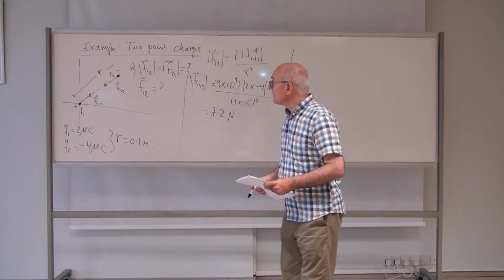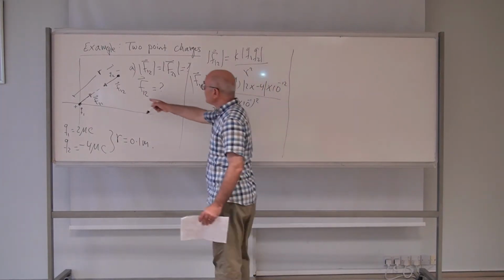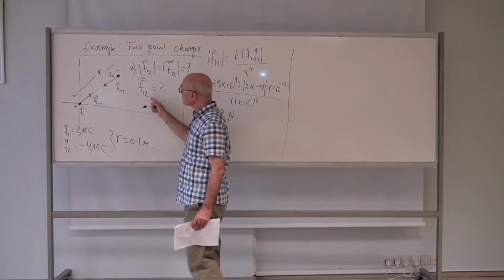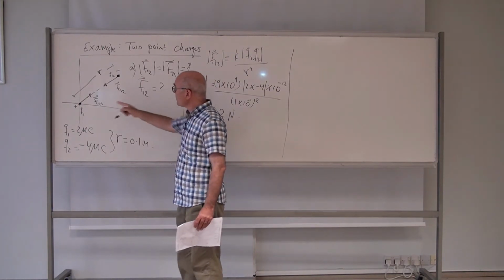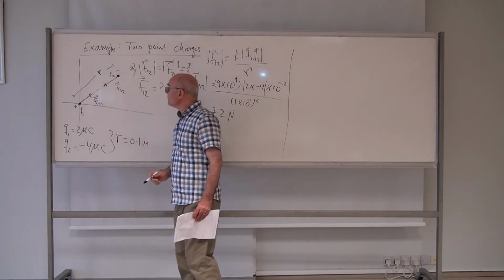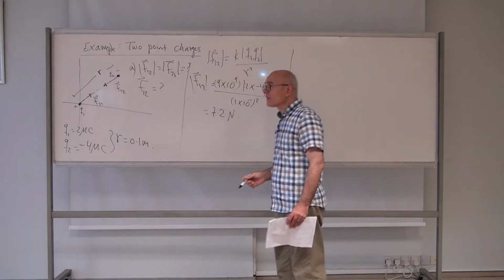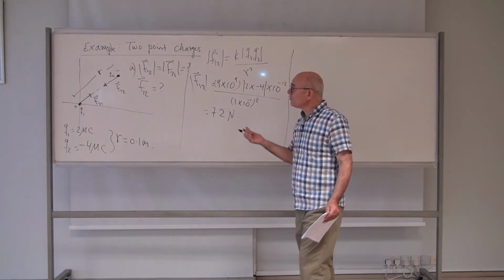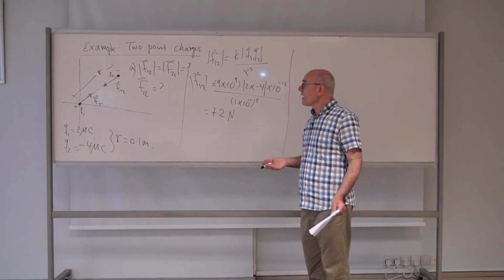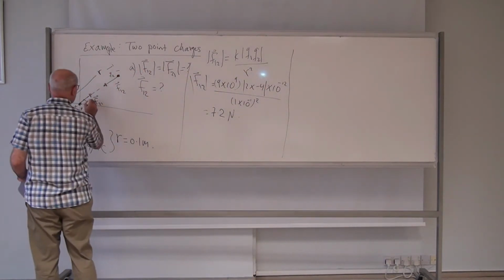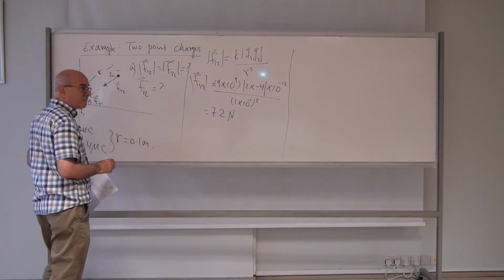Now, when it comes to B, I want to find the vector F12. That is, what is the force by charge 1 on charge 2 in vector form. Well, I know the magnitude of this force, and I am given, of course, theta here.